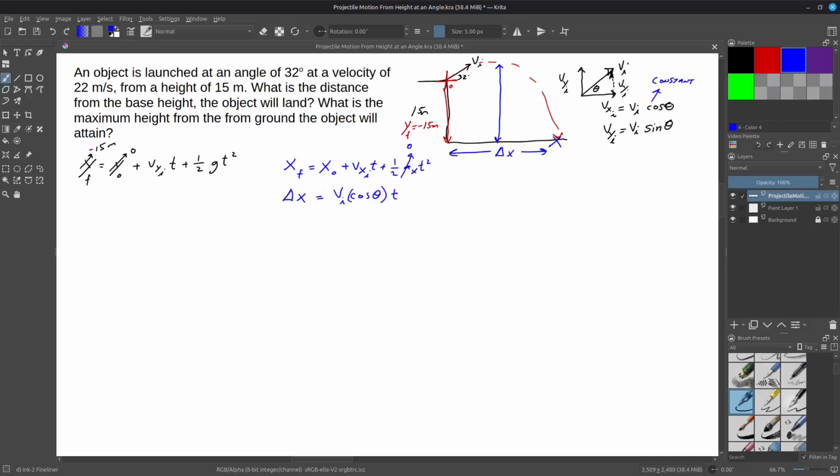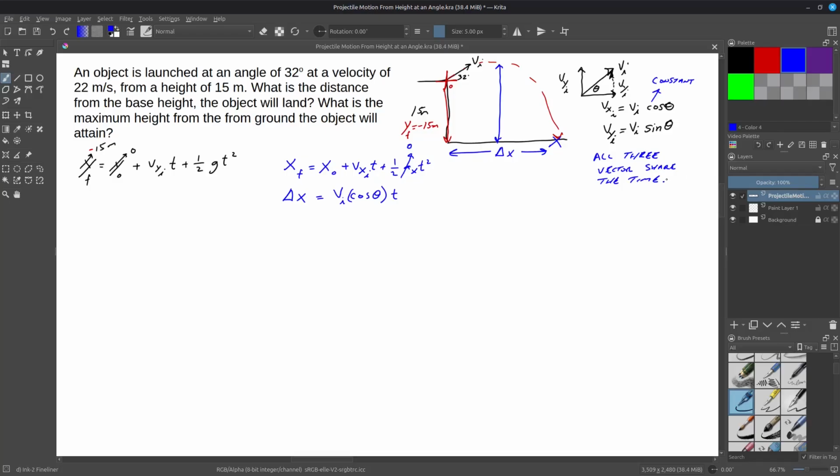Acceleration is 0, move the delta x over, and if we look at both equations, the y direction and the x direction, t is common to both, and that's important. So all three vectors share the same time. Okay, now, same time.